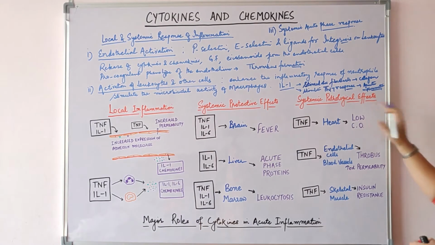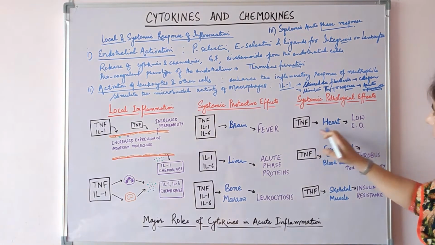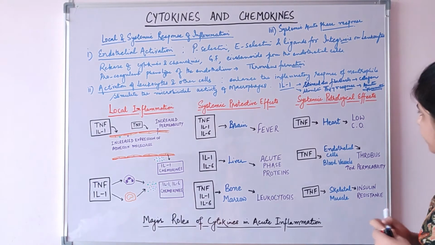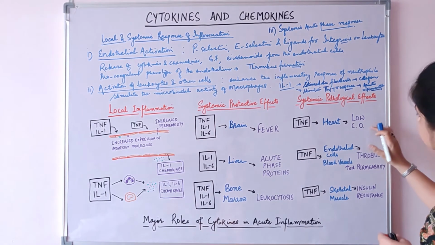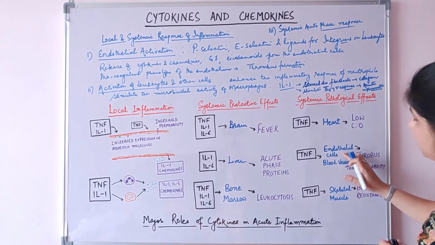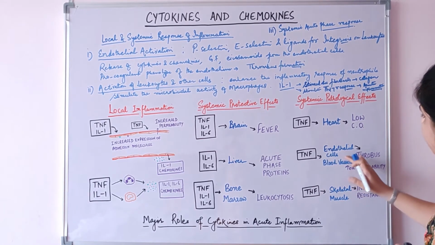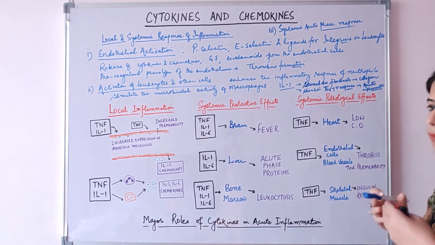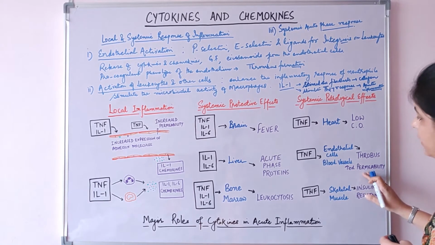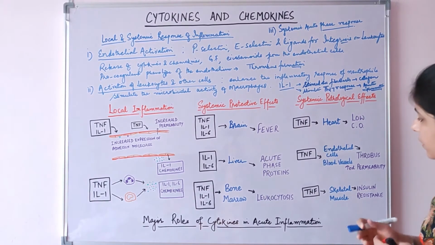Now systemic pathological effects. So TNF acts on the heart and decreases the contractility of heart. This leads to the low cardiac output. It also acts on the endothelial cells, as we have discussed, which leads to microvascular thrombosis, and there is increased vascular permeability, which leads to interstitial edema.